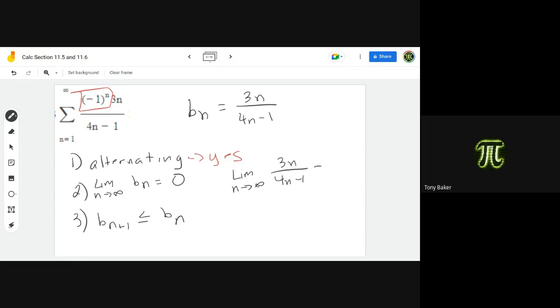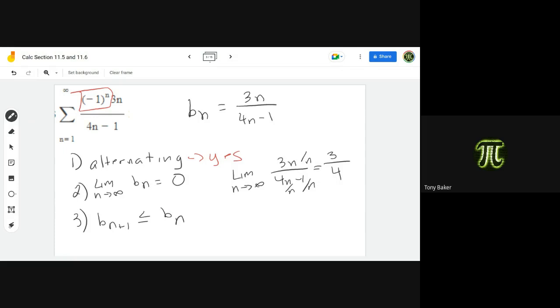How am I going to find the limit of this one? I'm going to divide everything by n. So I've got 3 on the top and then 4 on the bottom, because 4 minus 0 is 4.